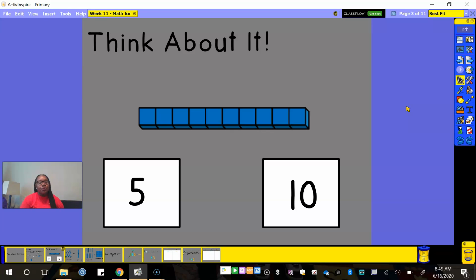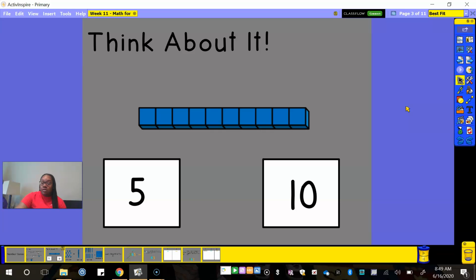So I'm looking at this base 10 rod and I'm not quite sure if there are 5 or 10, but I can count. So that's what I'm going to do. I'm going to count those cubes in my base 10 rod and I want you to count with me.